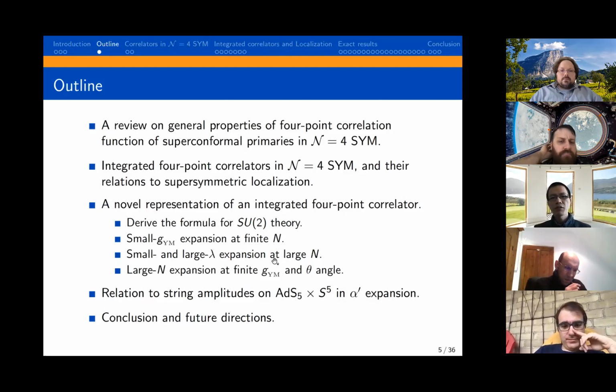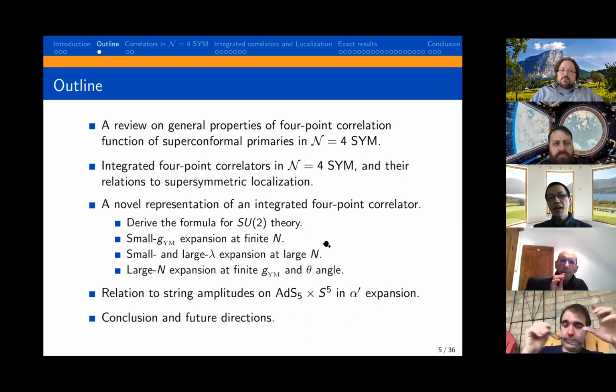For the rest of the talk, I will basically study this conjecture, the formula. I will do a small coupling expansion for arbitrary N, which is basically a loop expansion. Then I will study the large N expansion, both for small lambda, namely the 't Hooft expansion, and large lambda, especially to study how the series is convergent, and how you can do resurgence if it is not convergent.